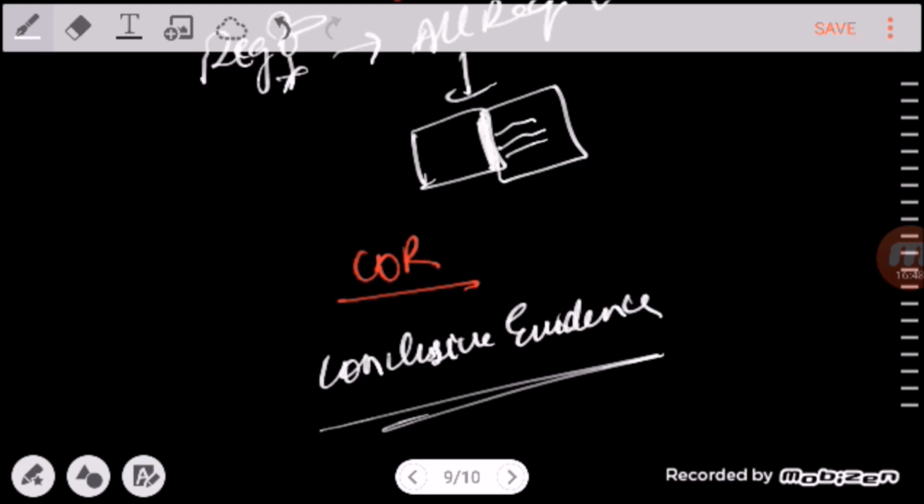Conclusive evidence means that this is the final evidence, final proof. Once a person shows this certificate of registration, nobody can object as to the registration of the trade union. So let me repeat the points.